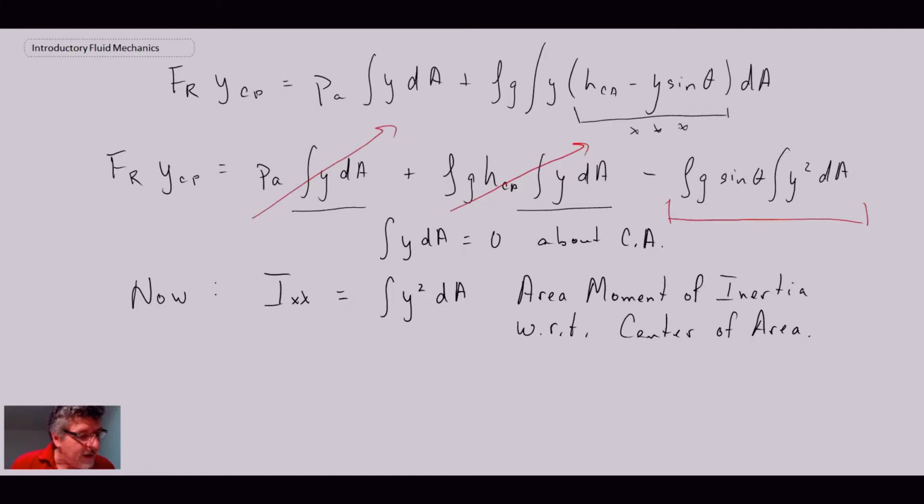So with that, we're able to write out our equation again in this form. Rearranging, remember what we're after? We're after the location of the center of pressure, so let's rewrite that.